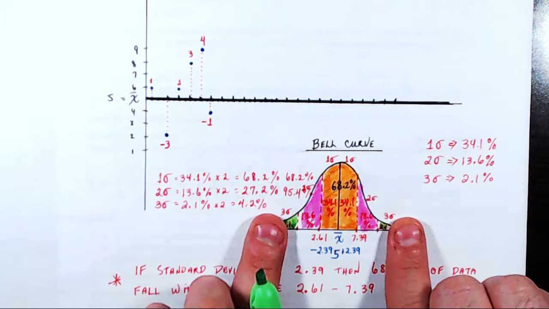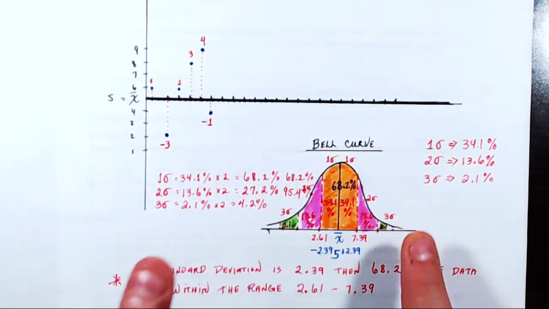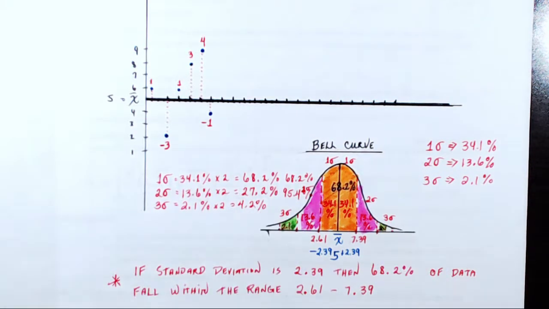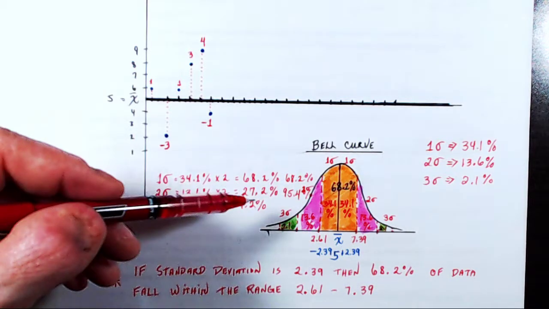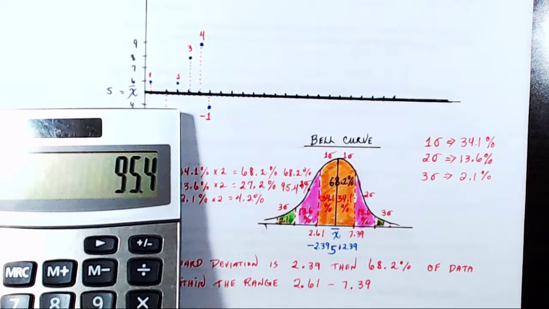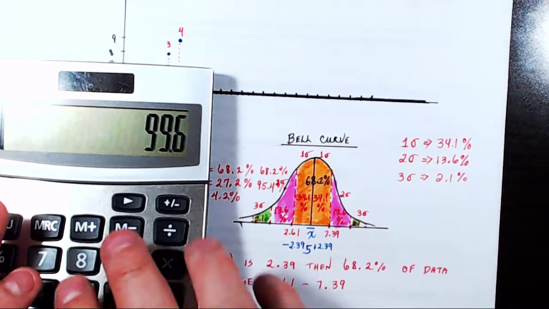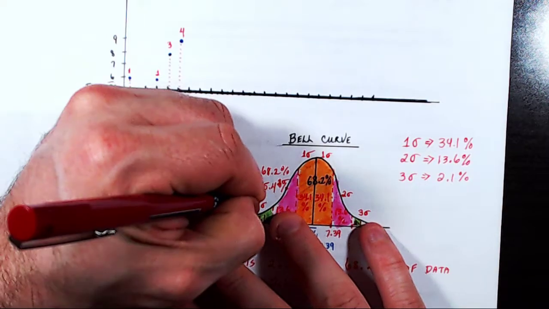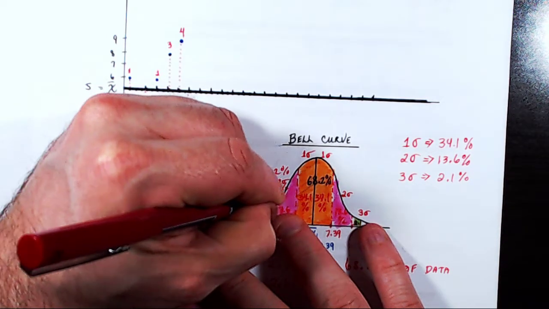Now the area between my fingers looks almost like the bell curve, so we expect that most of the area is included. Within 3 standard deviations, I've got 95.4 plus 4.2, 99.6. So that accounts for 99.6% of the data.